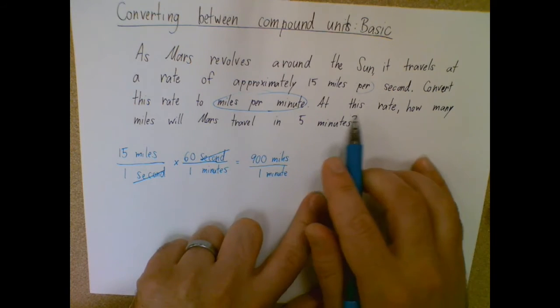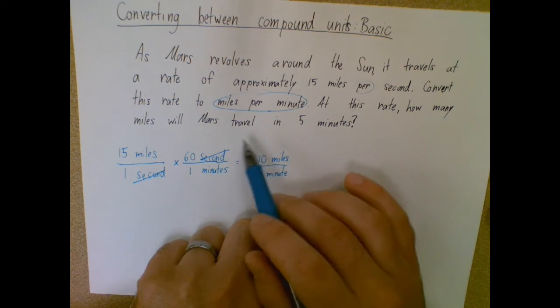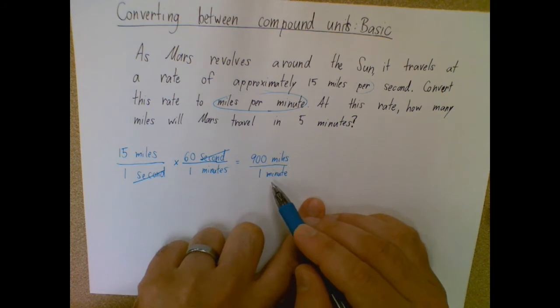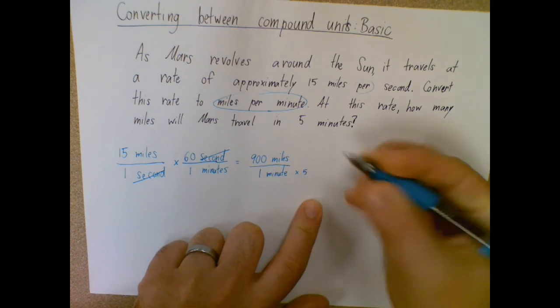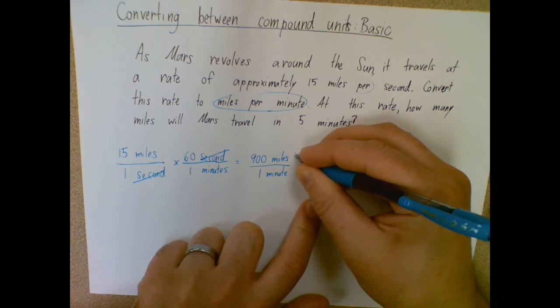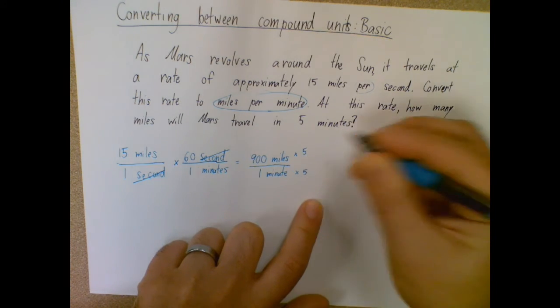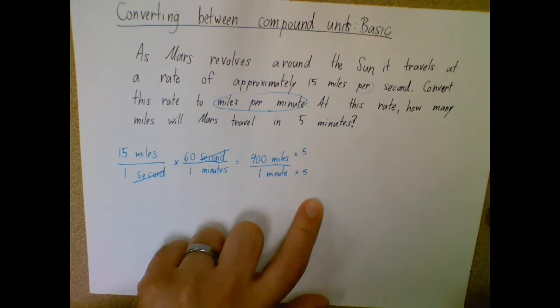Now for the second, at this rate, how many miles will Mars travel in 5 minutes? So I have 1 minute here. I need to change it to 5, and to do that, all you do is multiply by 5. But just like with fractions everywhere, if you multiply the bottom or top by something, you have to multiply the corresponding of the other one.